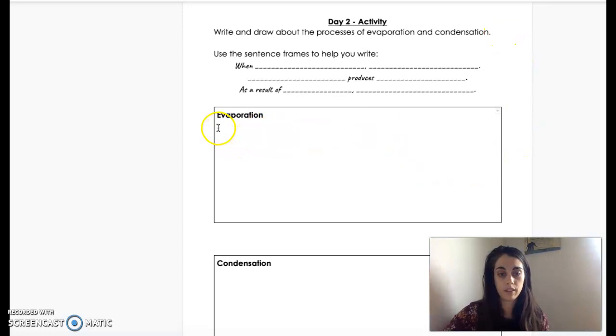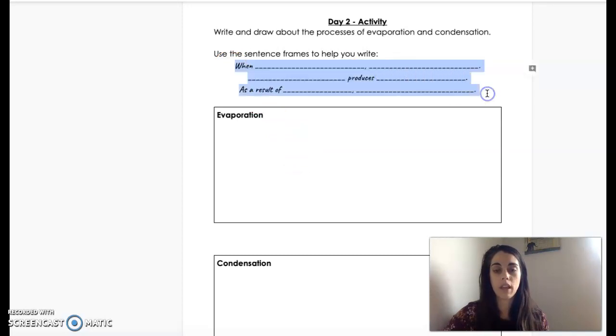Si no sabes escribir oraciones en inglés, puedes dibujar y usar las palabras de vocabulario. Si tú puedes escribir oraciones en inglés, debes usar estos ejemplos para ayudarte a escribir oraciones, además de dibujar lo que sabes de evaporation y condensation.